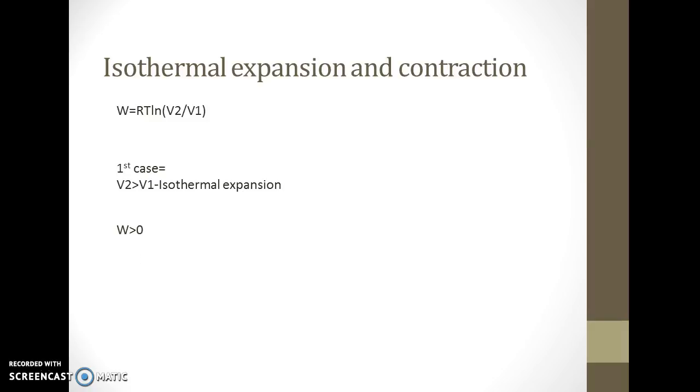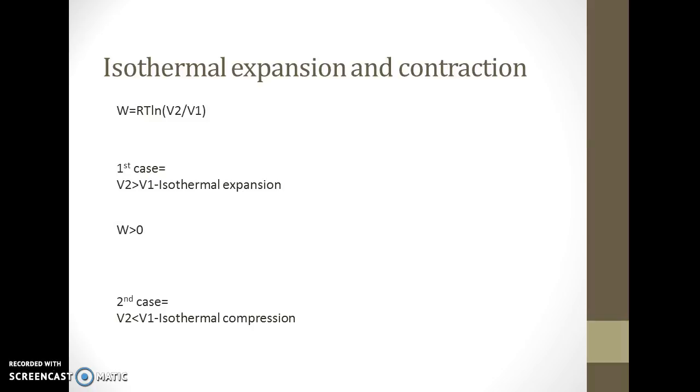So considering the first case wherein V2 is greater than V1 for isothermal expansion, that is volume changes from V1 to V2, if we put these values, V2 and V1, what will we see? We will see a positive value. So work done will be greater than 0. So the work will be positive, hence heat is absorbed by the gas during the isothermal expansion.